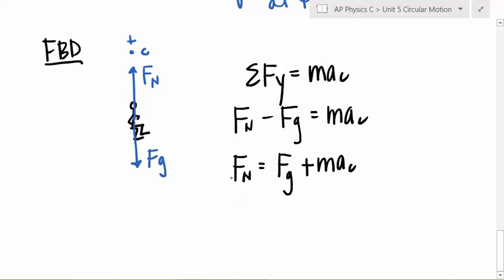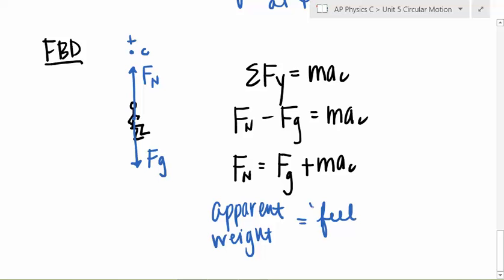So this is still our apparent weight. And this addition shows me that I feel heavy. And that's why riding those rides is thrilling, because it makes you feel different at different points in time.